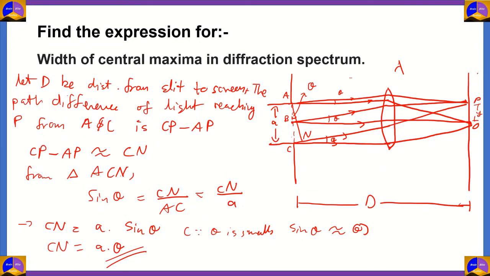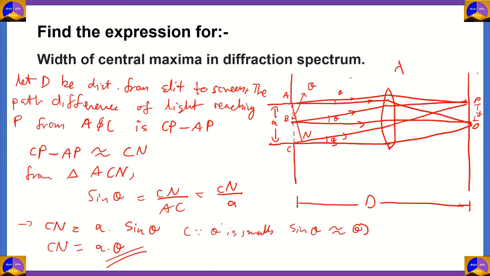Now let's look at the central maximum. At O, the path difference between the rays coming from AB and BC is 0. So you have this ray from A and this ray from B, and then you have another ray from C as well. All of these have a path difference of 0. Hence constructive interference takes place.